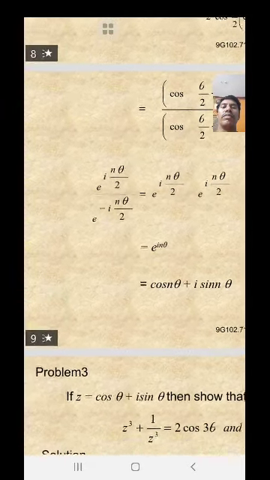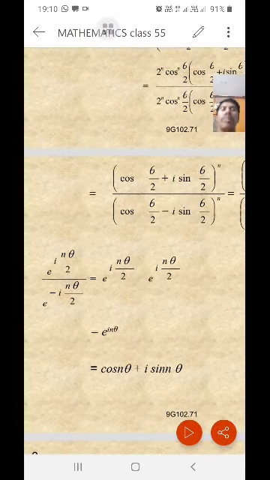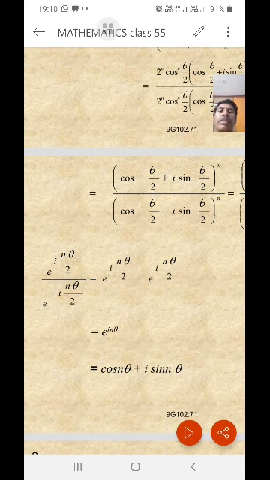That equals to e power i n theta by 2 by e power minus i n theta by 2. Power of power means they will be multiplied. That equals to a fraction; in the fraction, bases are same, means the powers should be subtracted.